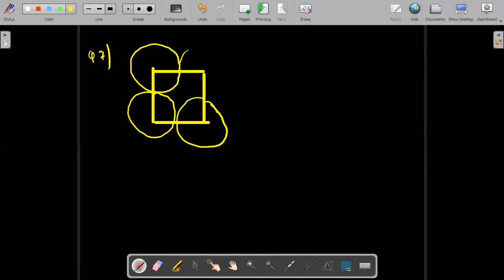From each of the vertices, we have to repeat the same procedure like this. Now there is a portion that is left at the center. The question is to find out this area that is being formed, that is left out. So this is the square ABCD.